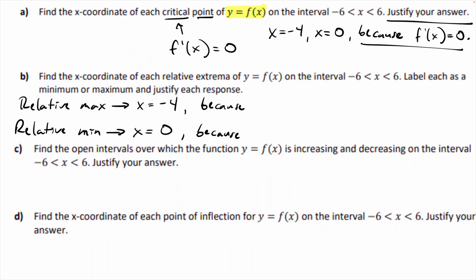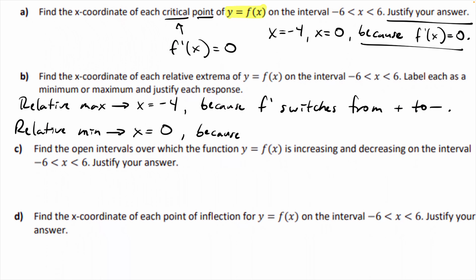Maximum occurs when f prime changes from positive to negative. From positive to negative, that makes a maximum because f prime switches from positive to negative.